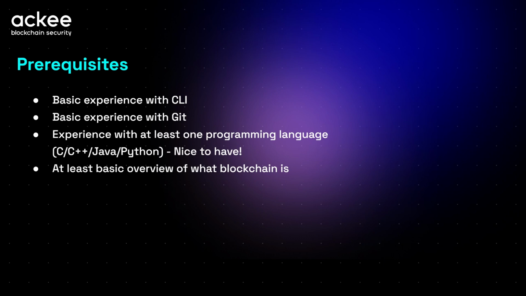And last but not least, at least a basic overview of what blockchain is. You do not need a deep understanding of Bitcoin, Ethereum, etc., but at least know what the term blockchain means.